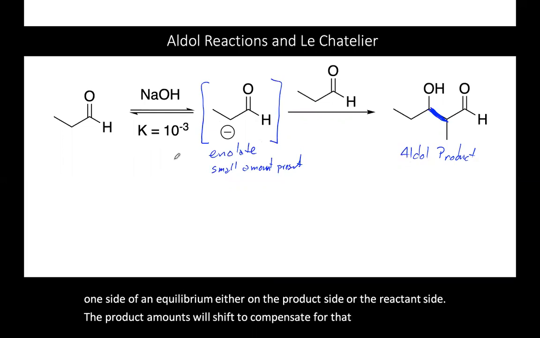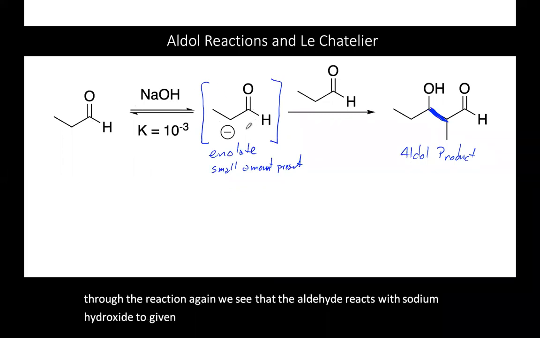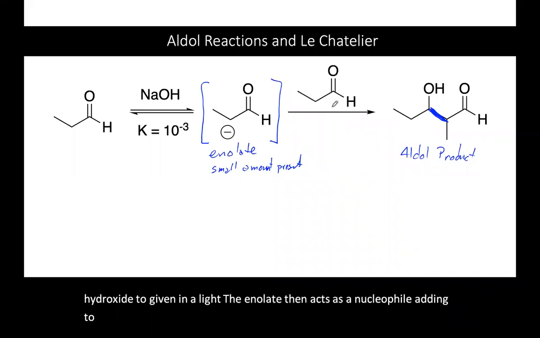So if we walk through the reaction again, we see that the aldehyde reacts with sodium hydroxide to give an enolate. The enolate then acts as a nucleophile, adding to the aldehyde electrophilic carbon, and following proton transfer gives us the aldol product.